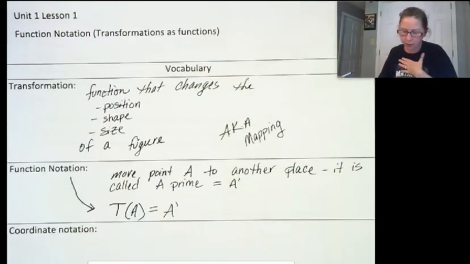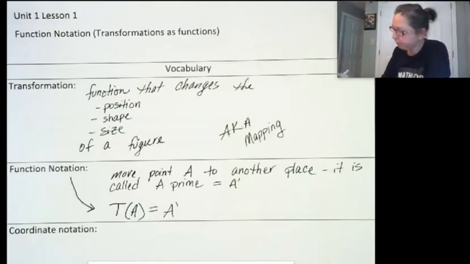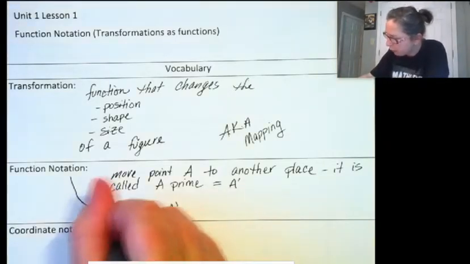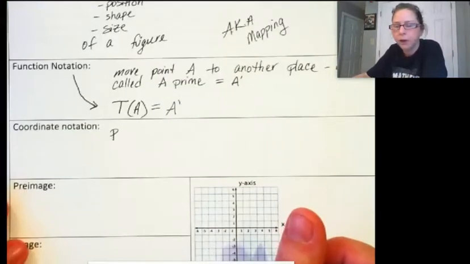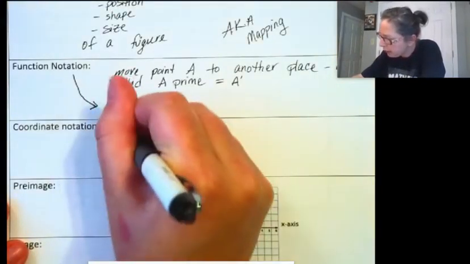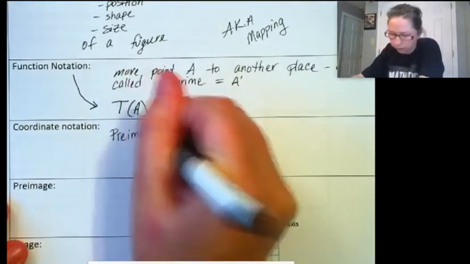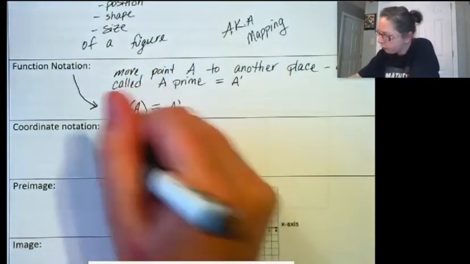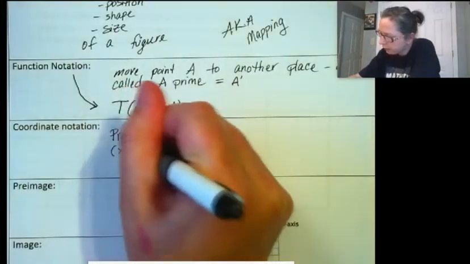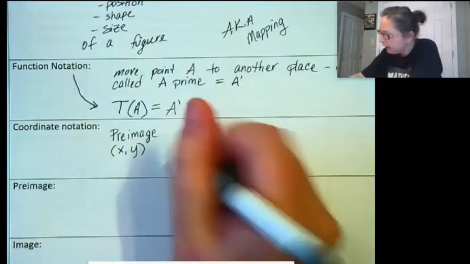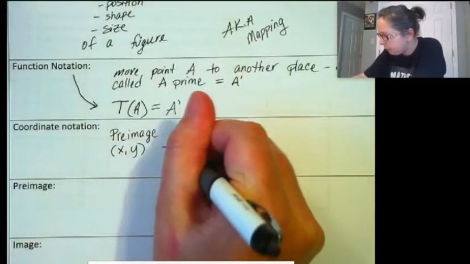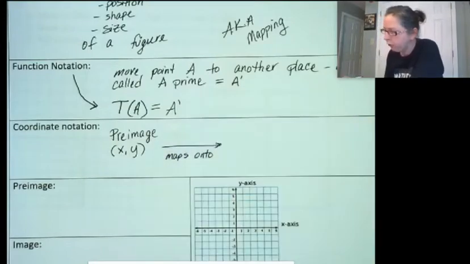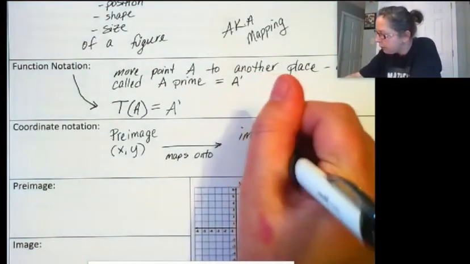All right, next, let's talk about coordinate notation. Coordinate notation is when we take a pre-image, and we're going to talk about what that is down below. We take a pre-image, which would look like a regular ordered pair, and we map it onto, so that's what this line means, maps onto the image.